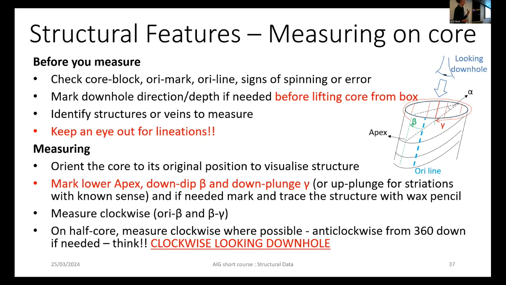Core spin is recognizable, so you can actually look at it. And you mark the downhole direction and the depth if needed before you lift things out. I've seen so many people lift the thing out, go away, measure it, and then come back and put the thing upside down or something, so you just mark it. It's good for you to mark something before you move it.